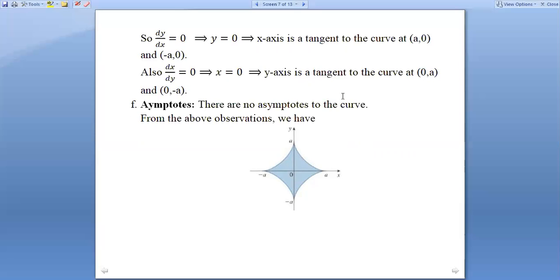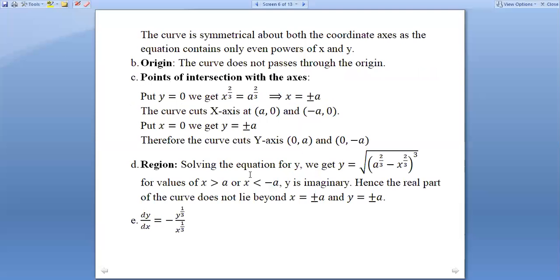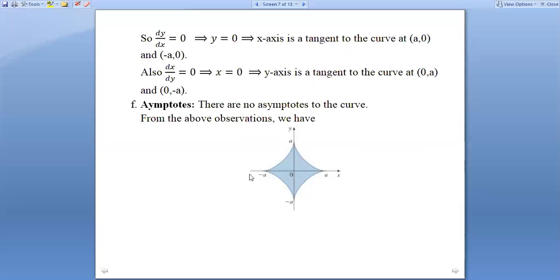Also, there are no asymptotes to the curve, because the highest power of x is 2 by 3 and the coefficient is 1, so there are no asymptotes parallel to the coordinate axis.